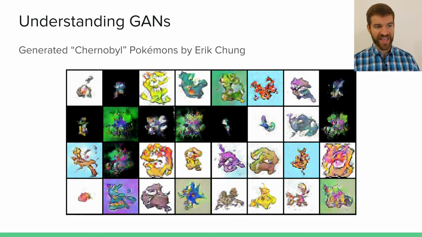As you can see in these examples here, he coined the term Chernobyl Pokemons. But it is really interesting to take that model and ask the question, what knowledge went into this? You can see the background being either black, white, or maybe one color.